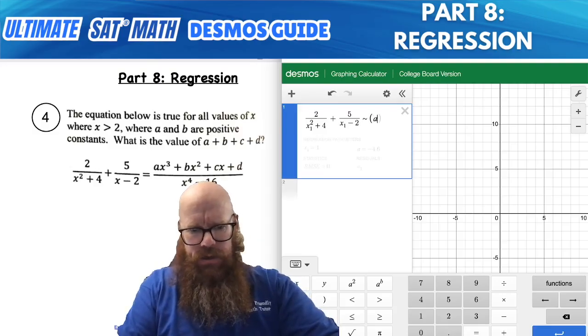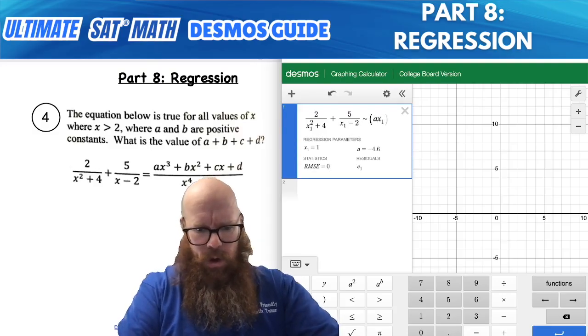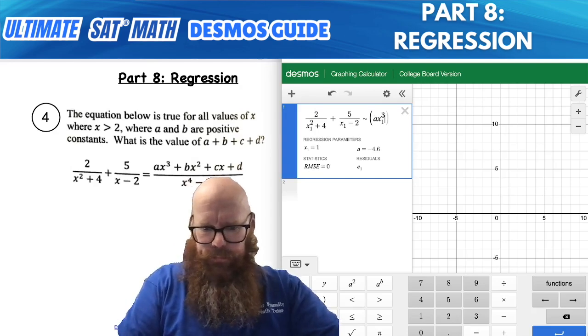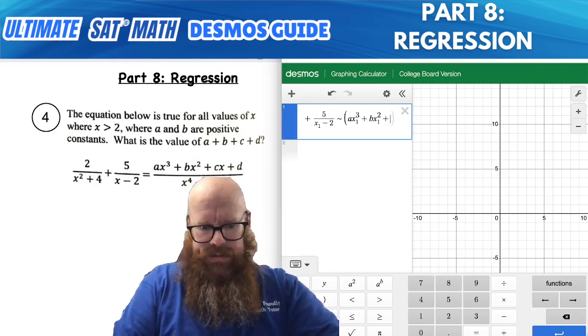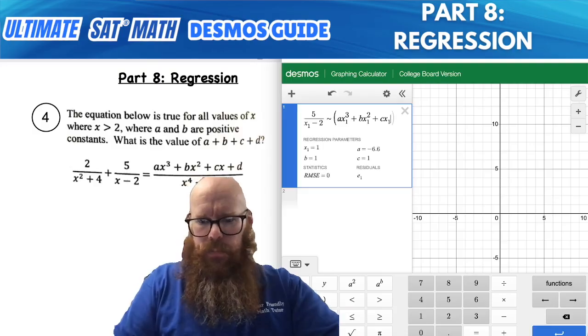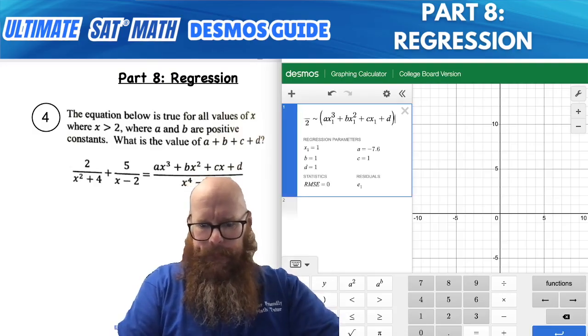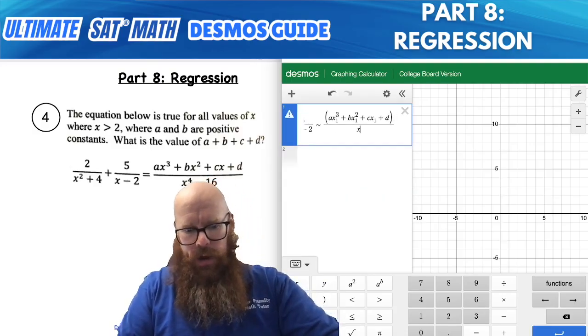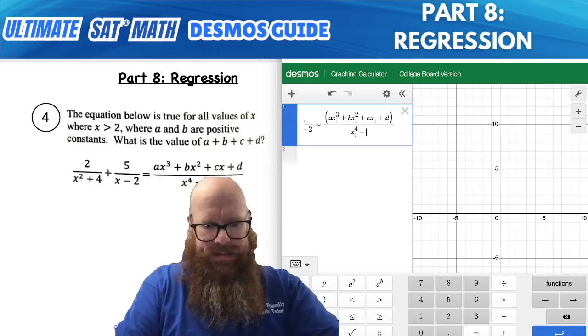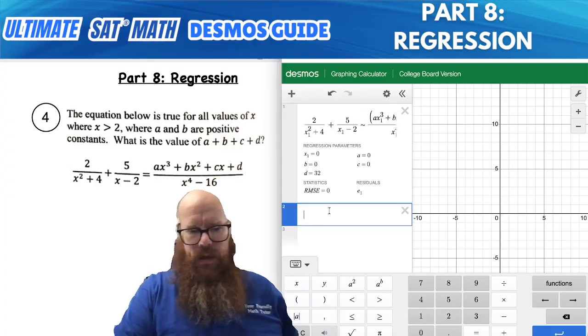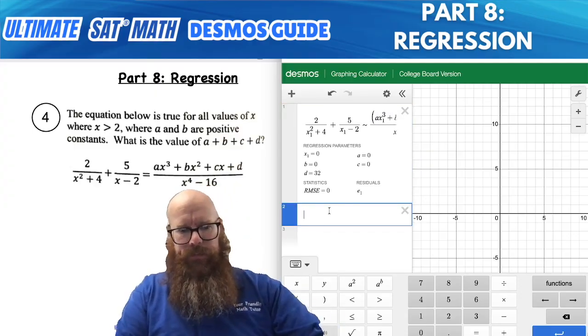Now our numerator is a x1 cubed plus b x1 squared plus c x1 plus d, all over x1 to the 4th minus 16. And I have 4 of them, so I'm going to put in 4 numbers.